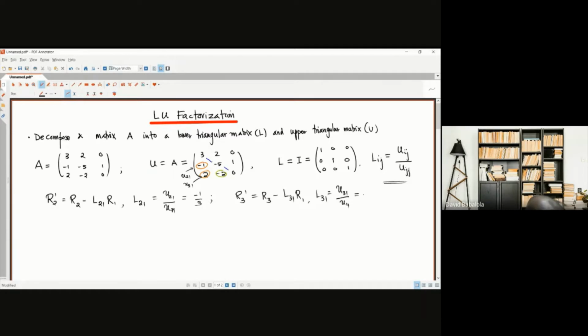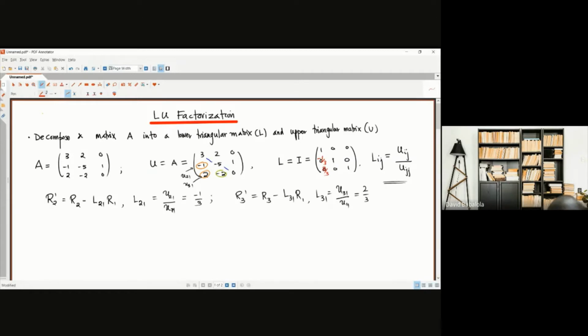That will be 2 over 3. So we fill up our L matrix with those numbers. L21 is minus 1 over 3, and L31 is 2 over 3.